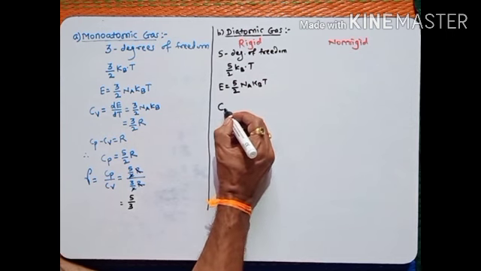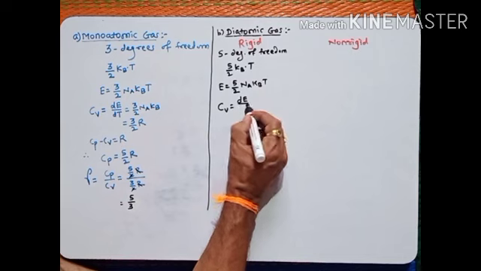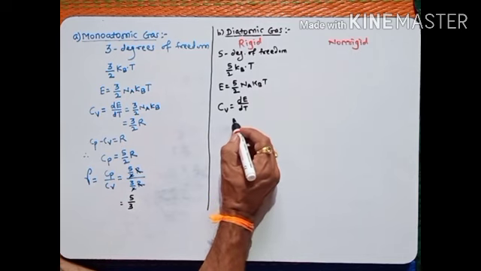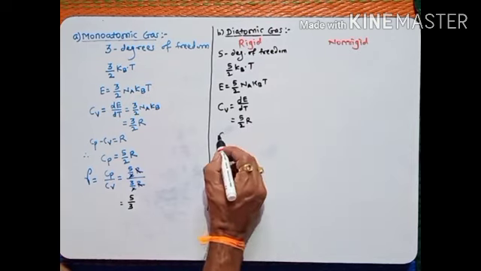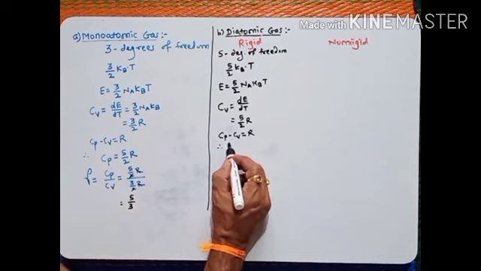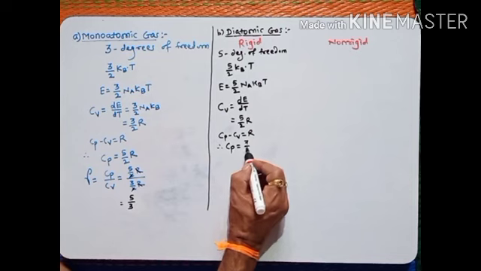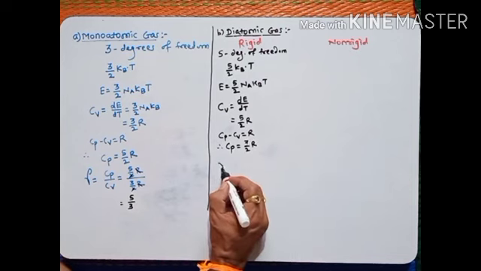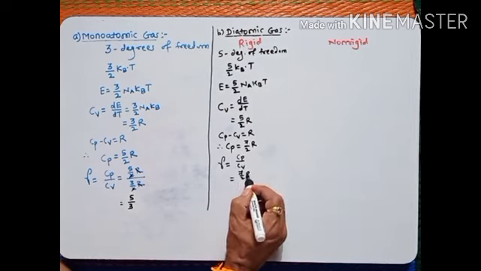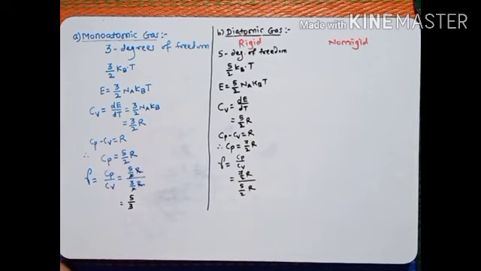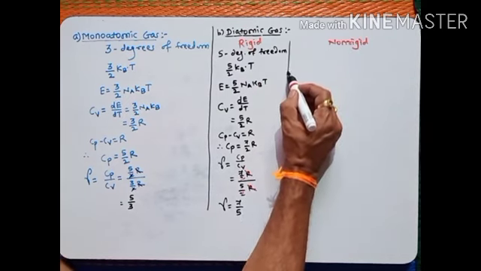Now Cv, which is equal to dE by dT, is equal to 5 by 2 R. And again, you know that Cp minus Cv is equal to R, therefore Cp is equal to 7 by 2 R. And adiabatic constant gamma is equal to Cp upon Cv, which is equal to 7 by 2 R divided by 5 by 2 R. Again this 2 cancels with this 2, R cancels with R, and we get gamma is equal to 7 by 5. This is for rigid diatomic molecule.